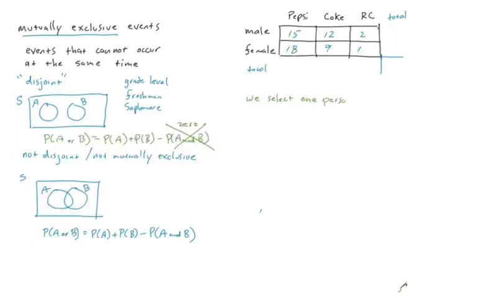And we're going to select one person. And when we get these totals, it's always a good idea to add them vertically and then also add them horizontally and double check that we're getting that 57. If you get the 57 twice, then you know you didn't goof up. So that's always a good check.